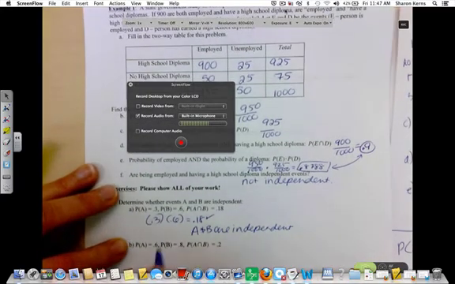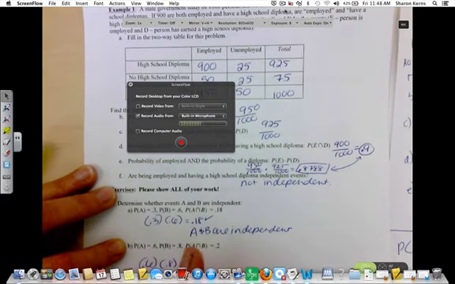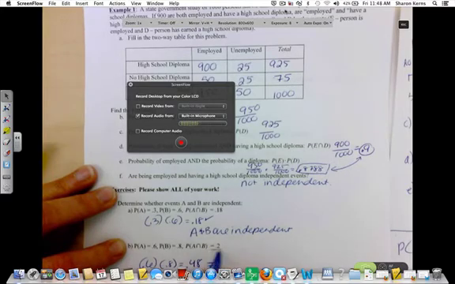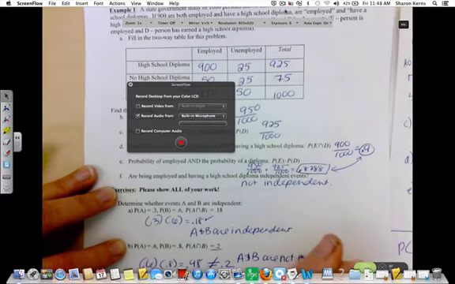In this problem, here's A and B, their probabilities, so 0.6 times 0.8, and if I multiply those two together, I get 0.48. 0.48 does not equal that intersection, so A and B are not independent.